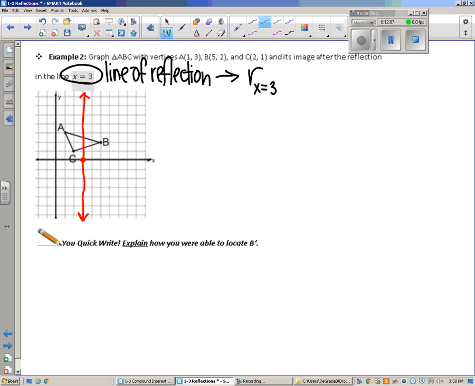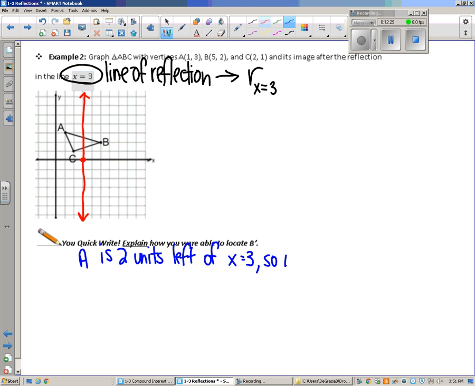We could do a quick write as we go along, starting with point A. Okay, the original A is 2 units left of x equals 3.